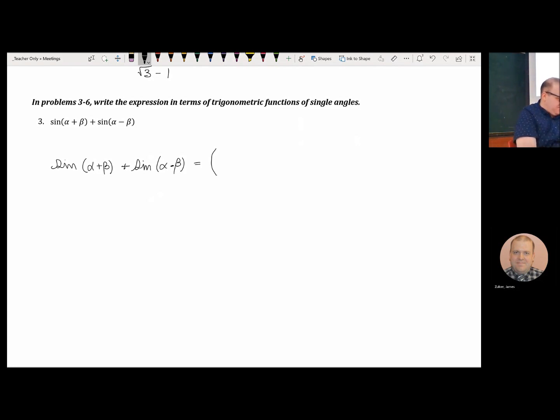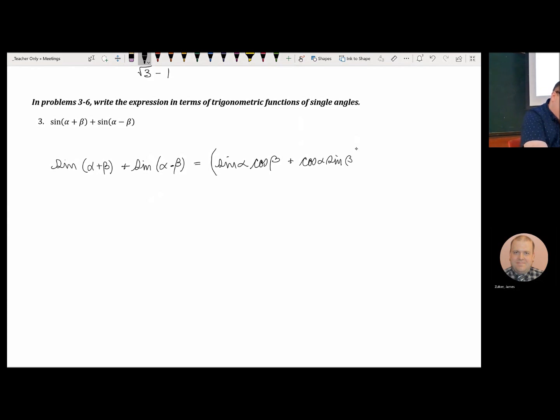So it'd be sine alpha times cosine beta, plus cosine alpha sine beta.